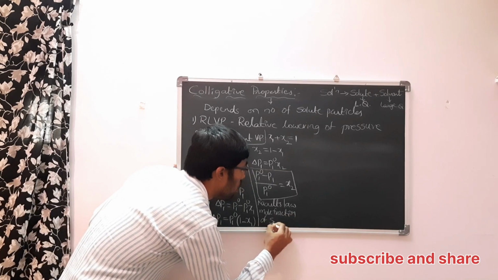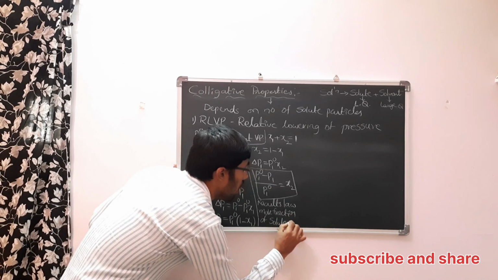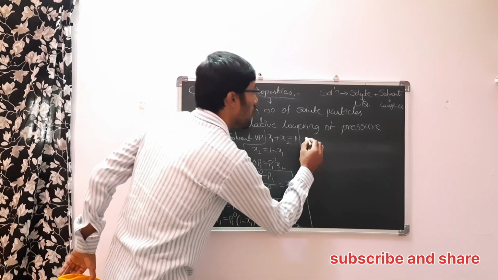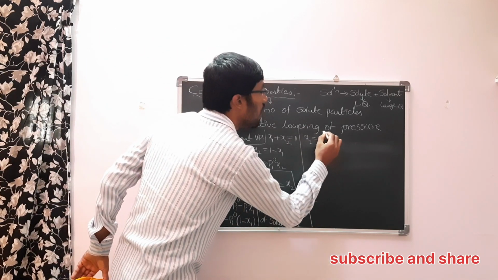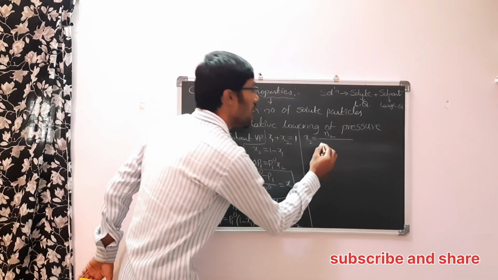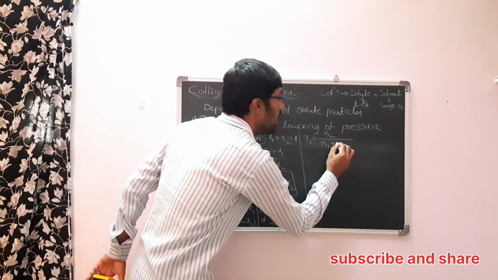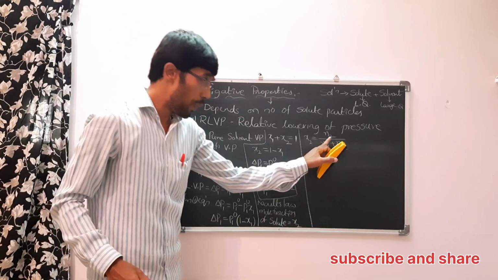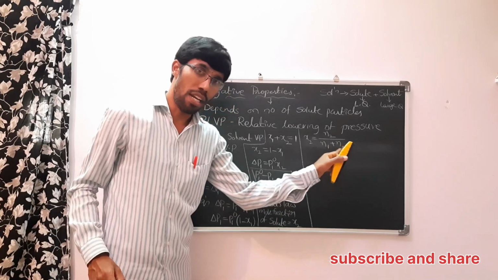We know the mole fraction formula: X2 equal to the number of moles of solute by the number of moles of solvent plus number of moles of solute, that is N2 by N1 plus N2.